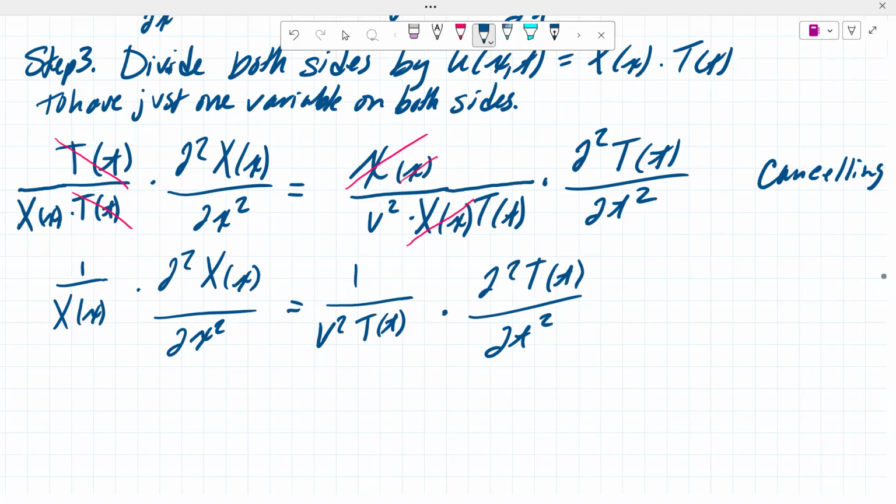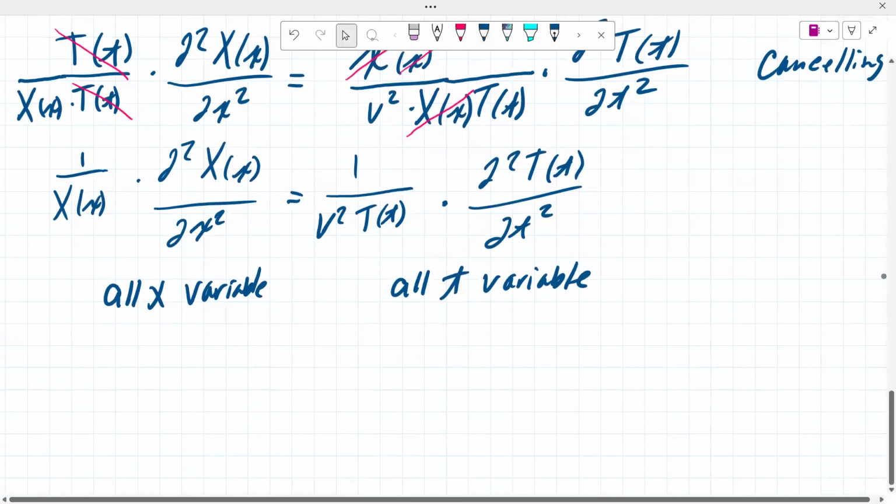All right, so what we want to notice here is this is all x variable on this side, and this side is all t variables. Great.